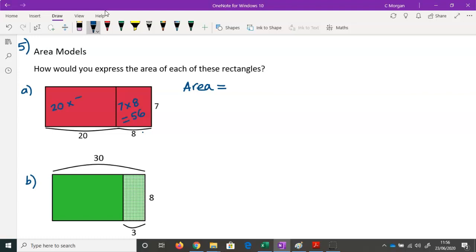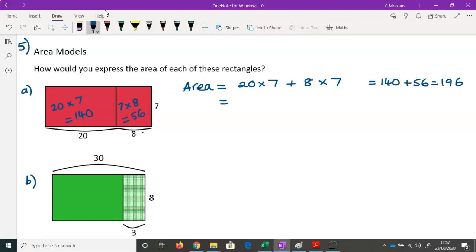So 20 lots of 7, which is 140. So if I were to find out those areas, I've got 20 lots of 7 add, I'm going to write it the same way round, 8 lots of 7, which is going to give me 140 add 56, which is 196.